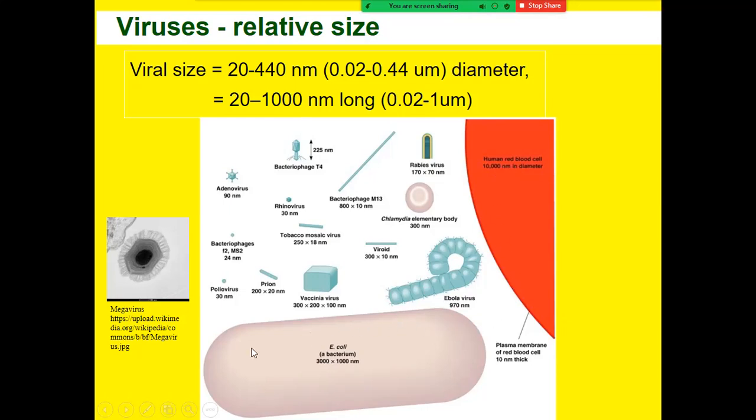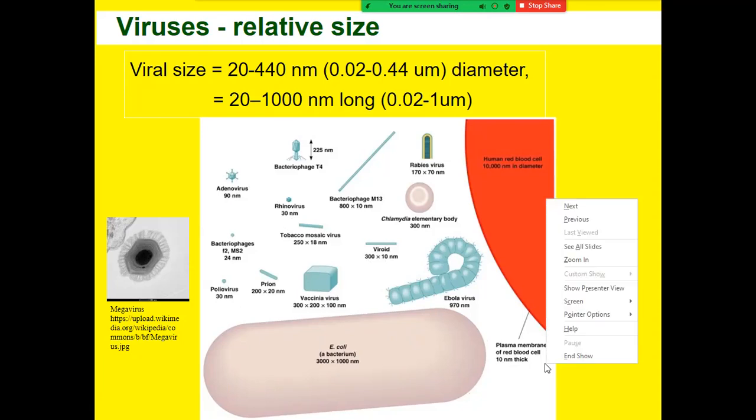And then E. coli, which is a little bit larger than your average prokaryotic cell, because it's a little bit longer. And then different viruses. Any question about the virus relative size?